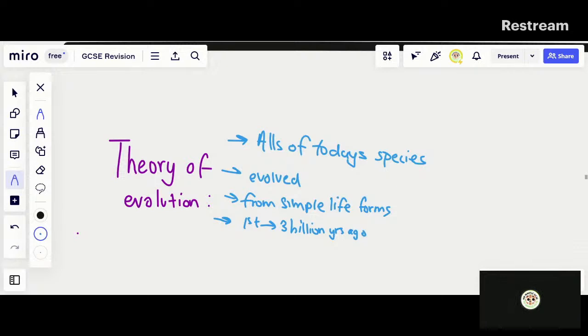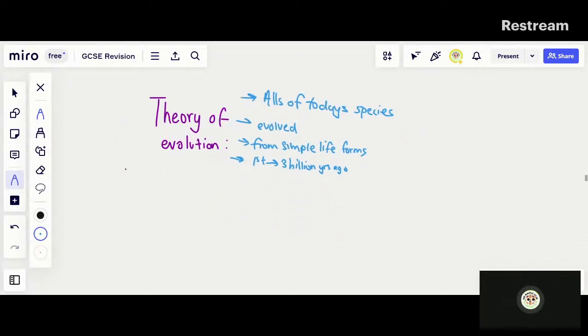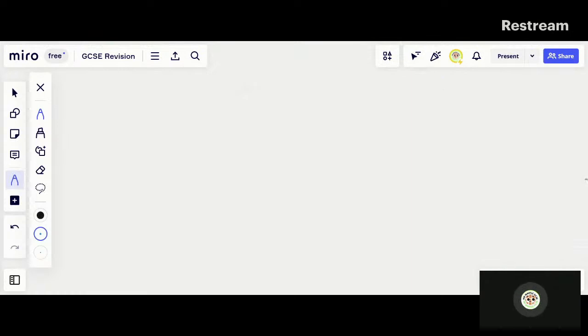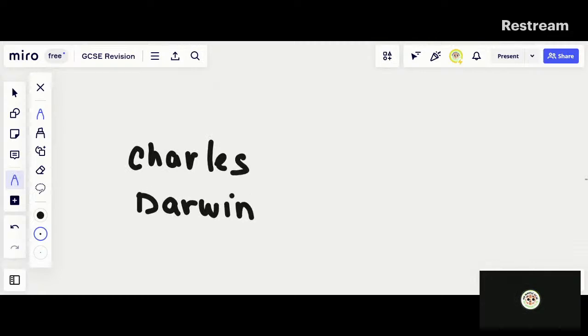Now, there's a very important person involved in the theory of evolution, and that is Charles Darwin. Charles Darwin came up with really important theories about evolution.